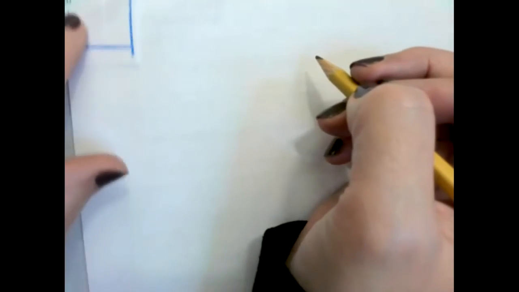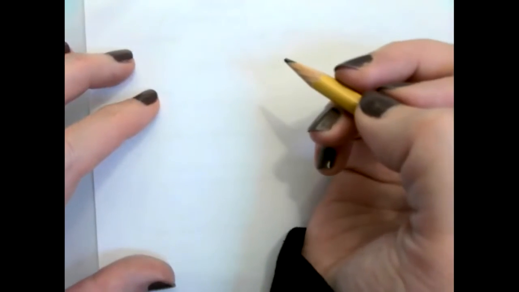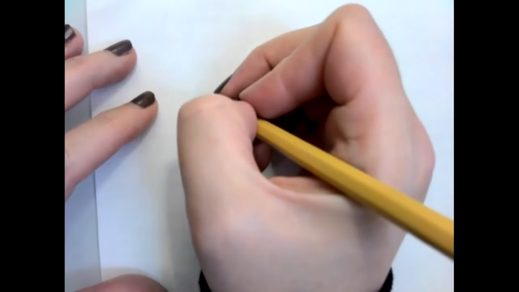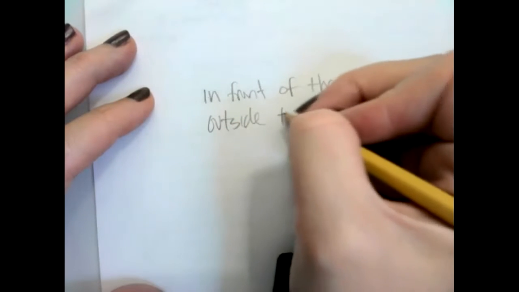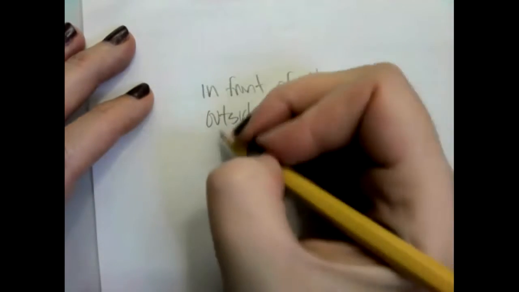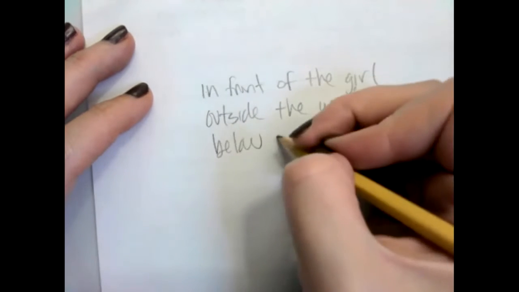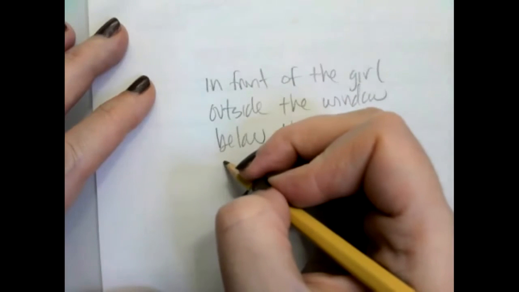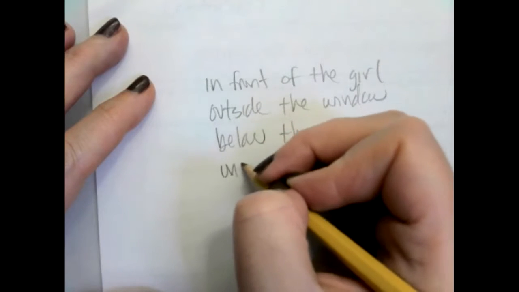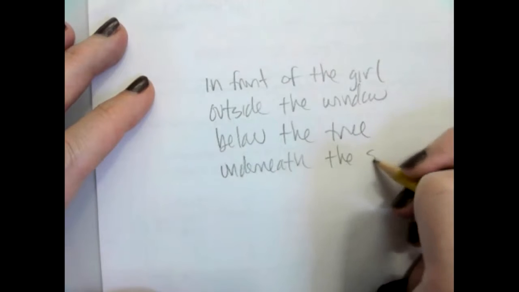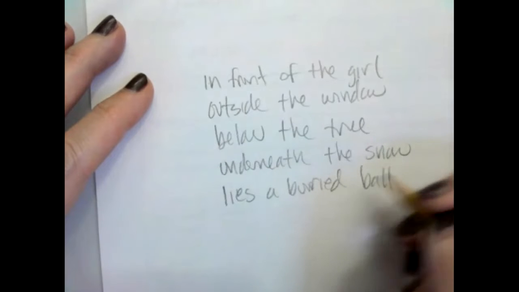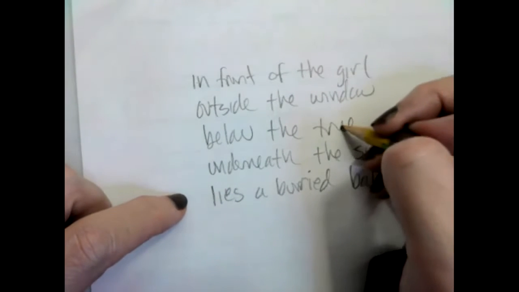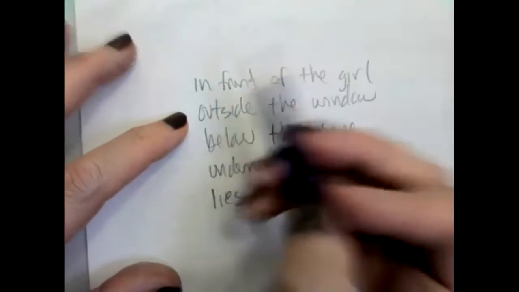So if we have these location words, and I might just look out the window or look at the table that we're sitting at, and I might say, in front of the girl, outside the window, below the tree, underneath the snow, lies a buried ball.